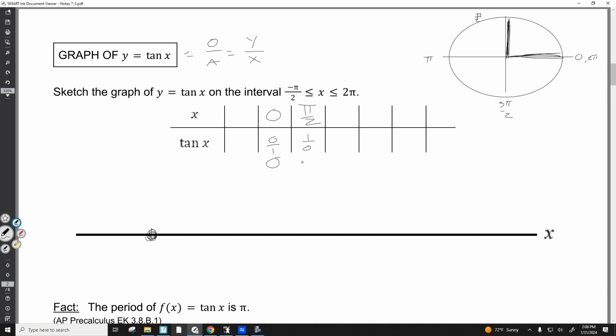That's undefined. Okay. This is 0. This is pi over 2. What the heck does undefined look like on a graph? Let's go back to the first semester and the rational functions unit. Whenever we got a number divided by 0, what did that look like?